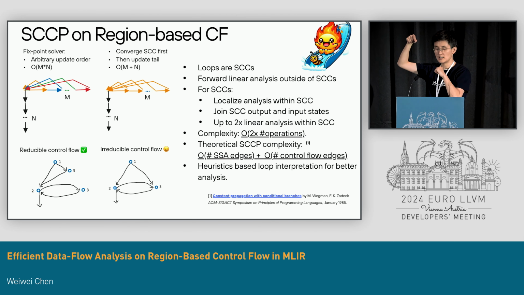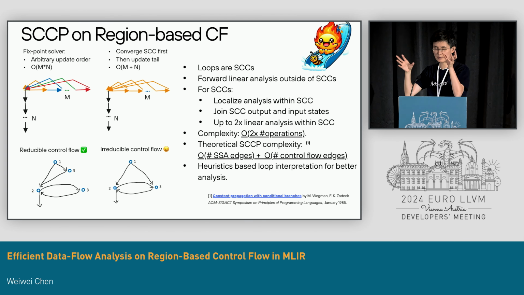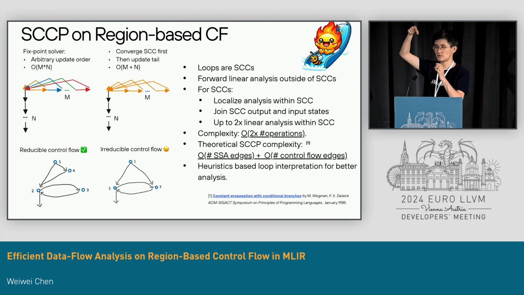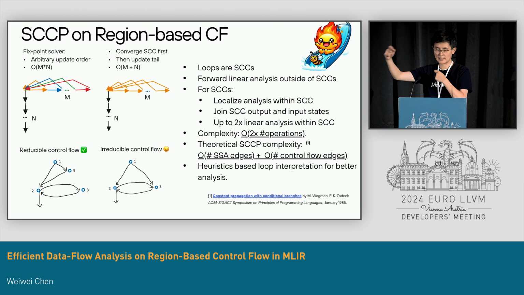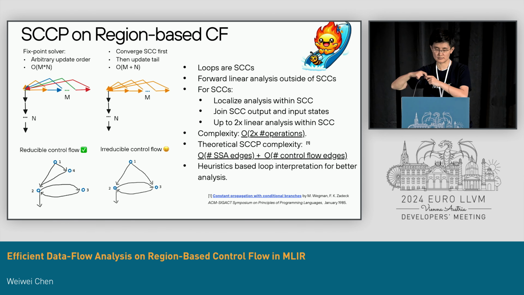In this representation, the SCCs are basically loops. Because they only have a single entrance, you can think of the SCC as collapsing into one node, and then everything becomes linear. So when we apply this analysis outside of an SCC, it's just forward, linear.